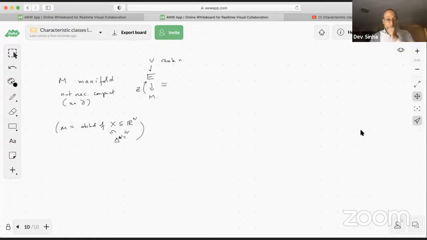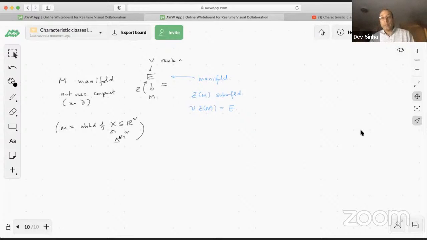And then the thing to remember is that if M is a manifold, then E is a manifold. And E comes with this amazing submanifold, namely Z of M is a submanifold. In fact, the normal bundle to Z of M is E. I should have given you that as a little exercise in the normal bundle.